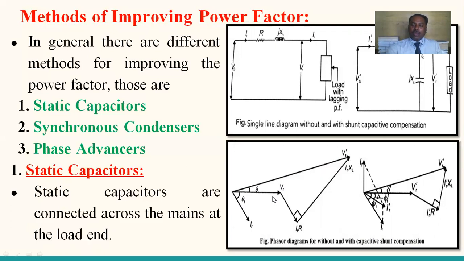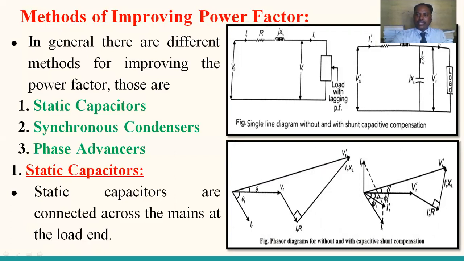This is the phasor diagram without any capacitor. If you connect a capacitor here, the capacitor draws a current IC, the capacitor current. If it is a pure capacitor, the current leads the voltage by exactly 90 degrees.